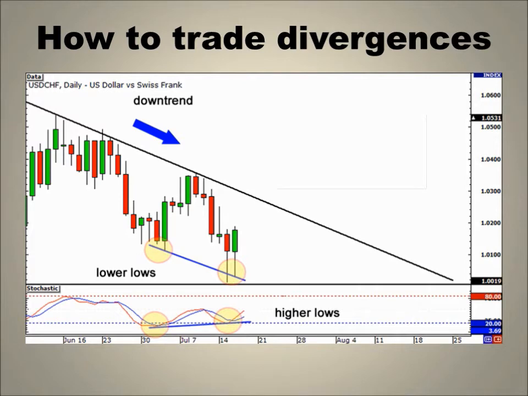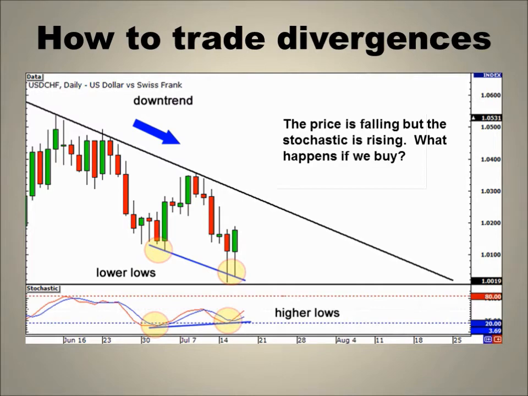The lows are getting higher and higher. So here we have a bearish trend. However, on the oscillator chart on the bottom, the momentum is going in the opposite direction of the trend.